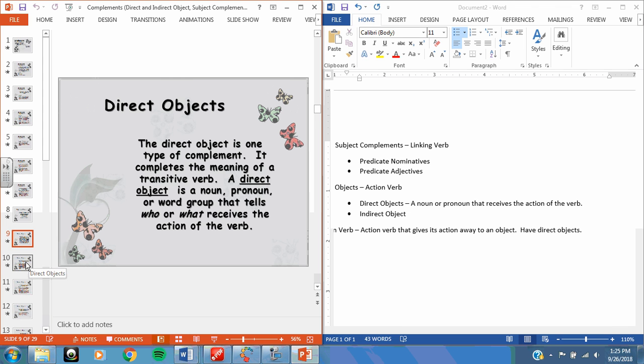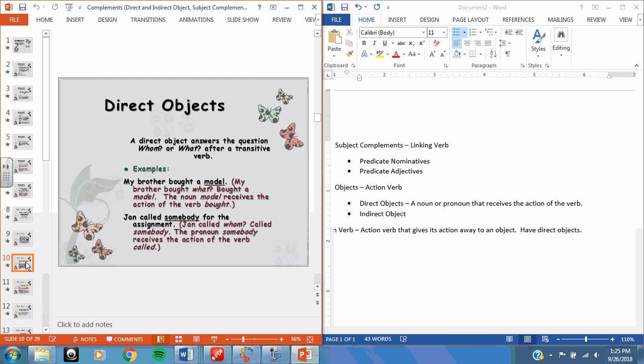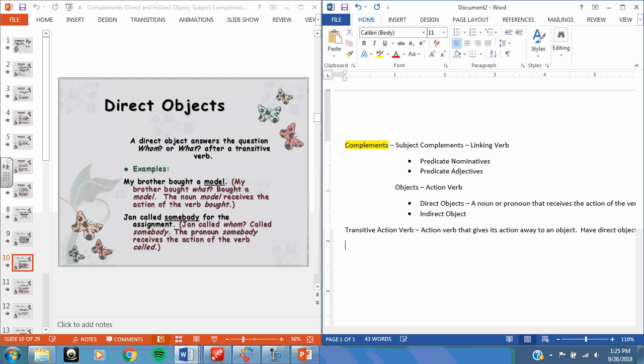So, let's look at some examples, and I'm going to kind of write down ways in which you can find direct objects. So, the first step of finding a direct object is you need to identify the verb. So if you identify the verb and it's a linking verb, you know that you will not have a direct object.